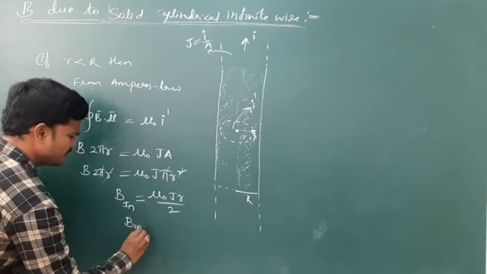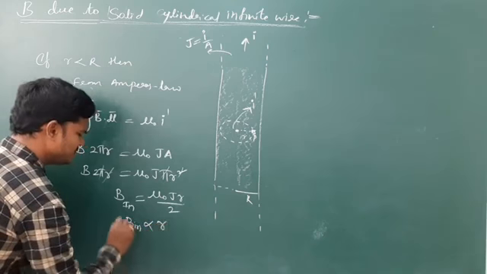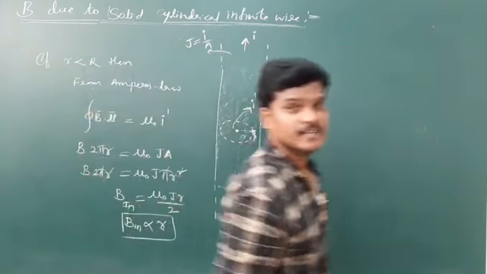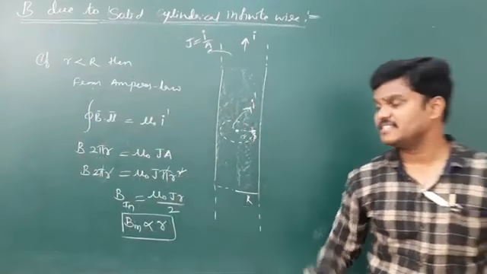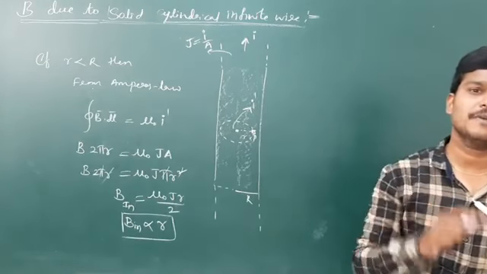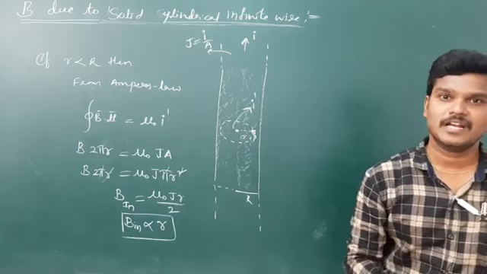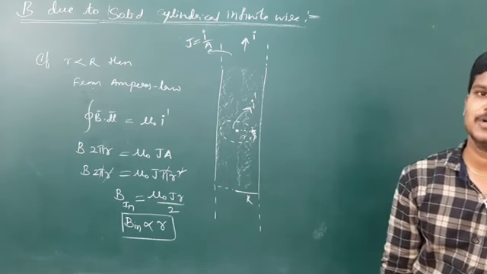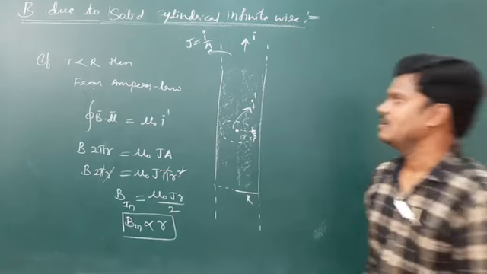See, B inside varies with respect to distance. So B inside is proportional to r. In the previous case, inside is 0 because the Amperian loop does not enclose any current. But here B inside is directly proportional to r.